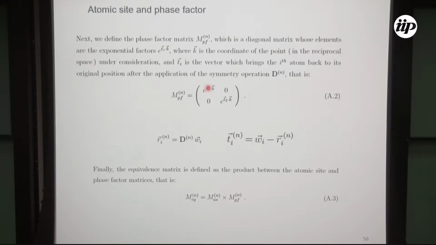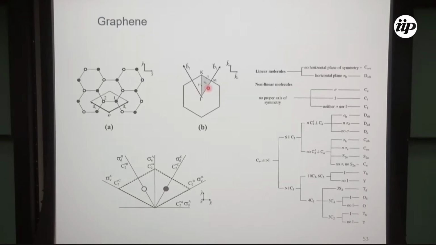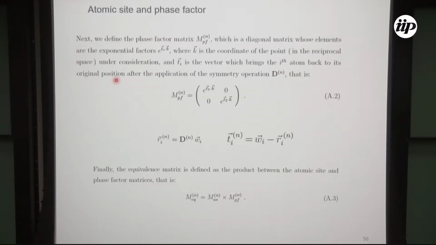So you do the symmetry operation, and then you calculate the vector that brings that atom back to the same site. For example, if I do C6, this atom here, atom number 1, comes to the site number 2. The vector that brings it back is this vector here. If I do, for example, C2, it goes here, and the vector will be this one. All right, so this is the vector T1.